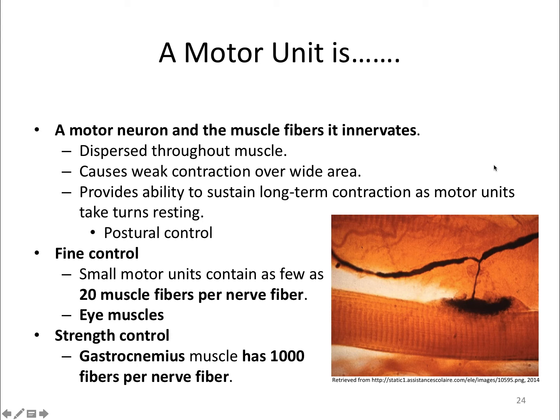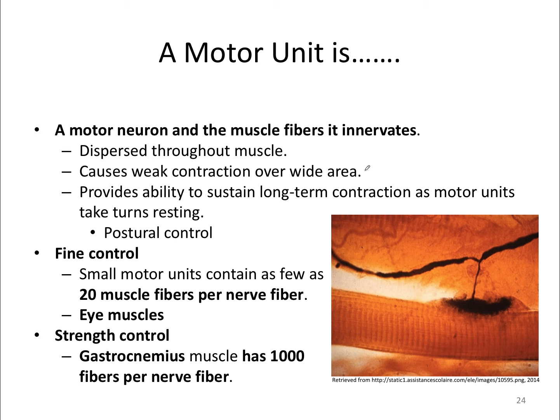Et voila! A motor unit is a motor neuron and the muscle fibers it innervates. So notice from the previous slide, these were actually dispersed throughout the muscle, so they weren't in a clump. So if you activate one motor unit, you'll get a weak contraction over a wide area. If you get more motor units recruited, you're going to be able to generate more force.